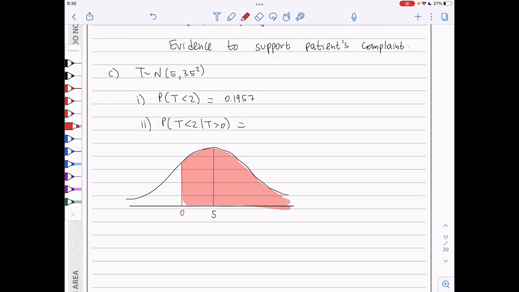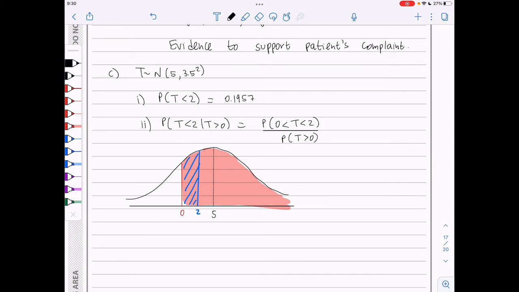So what is the probability that I'm less than 2? Well, if 2 is here, the intersection of these two regions will simply be this part here. So I will simply say that this is the probability of 0 less than T less than 2 over the probability of T being greater than 0.